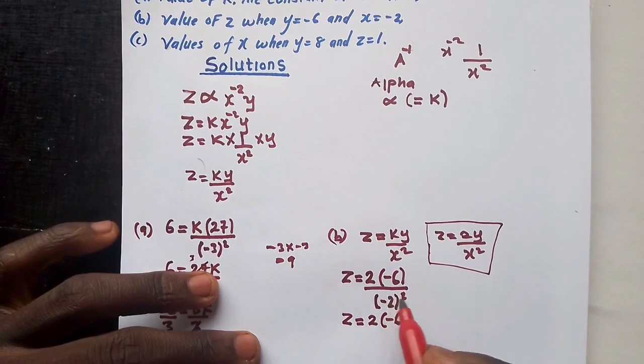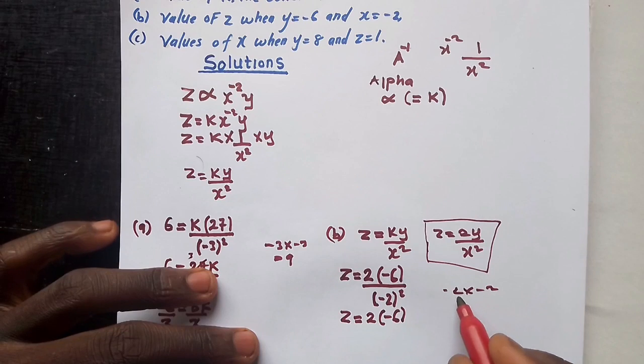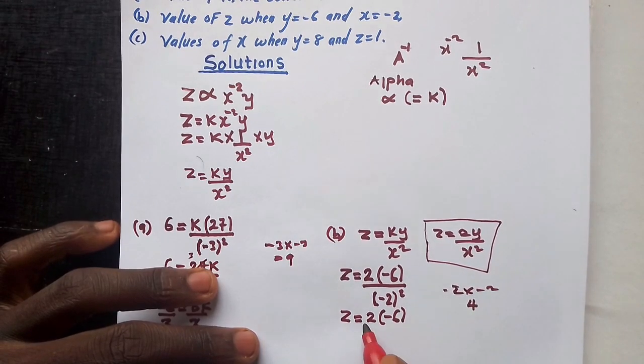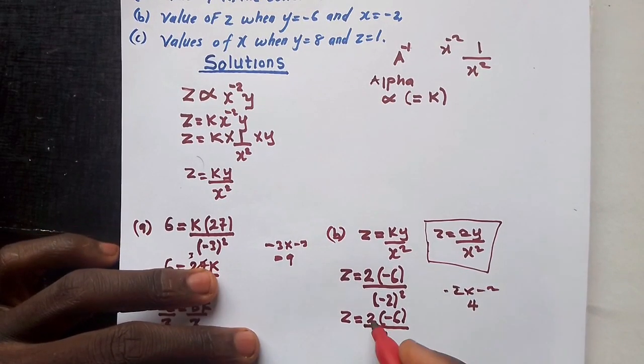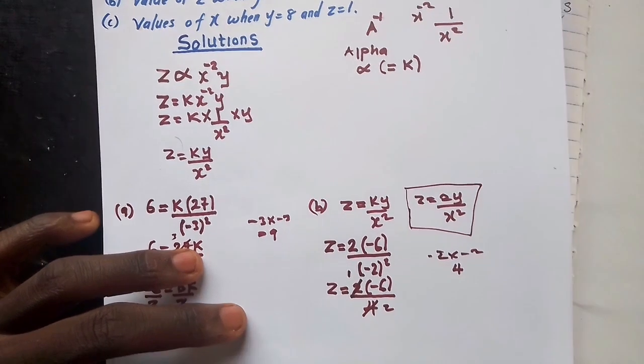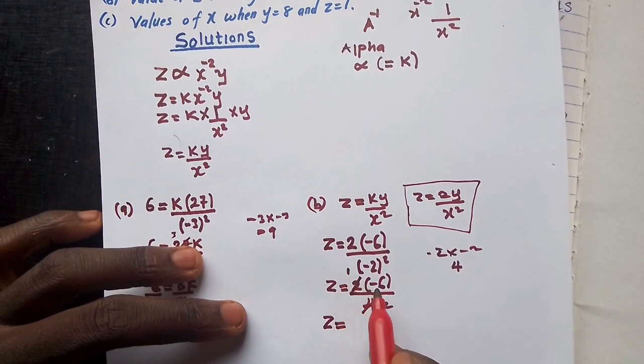On this part, you're multiplying negative 2 by negative 2, and you're going to get a positive number, which is positive 4. So I'm going to say divided by 4. Then 2 into 2, I'm going to get 1, and 2 into 4, I'm going to get 2. So z is equal to 1 multiplied by negative 6, I'm going to get negative 6 over 2.